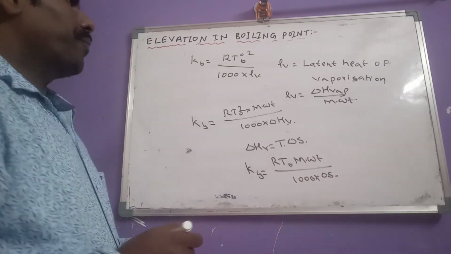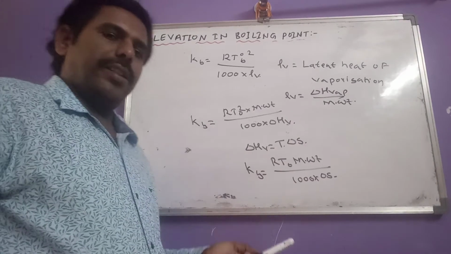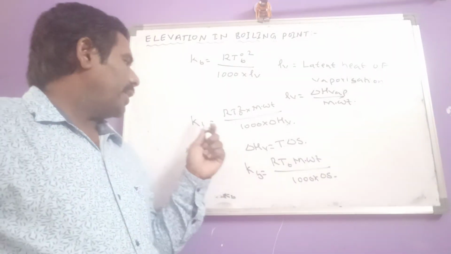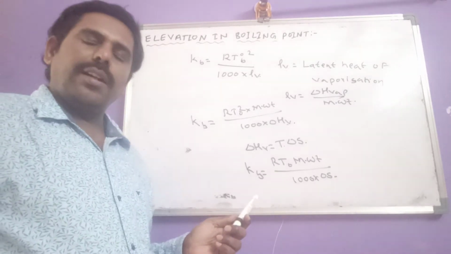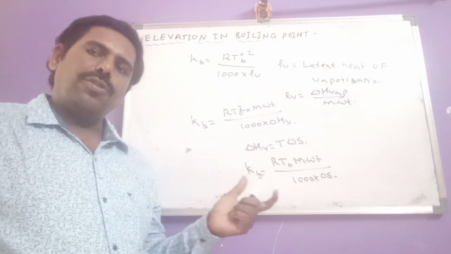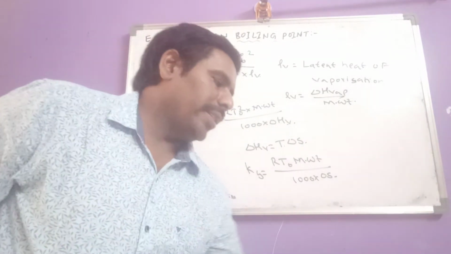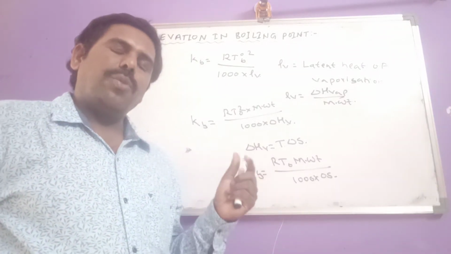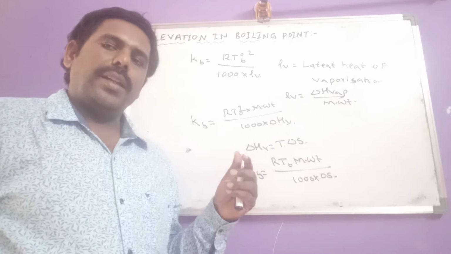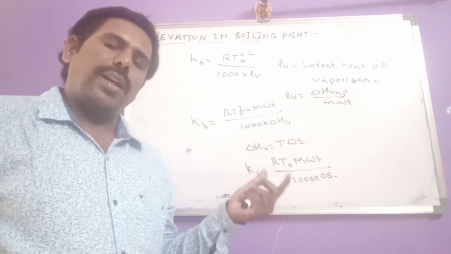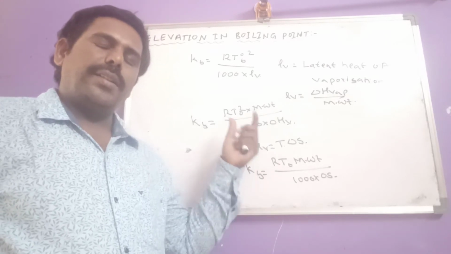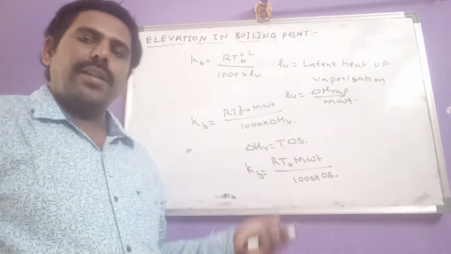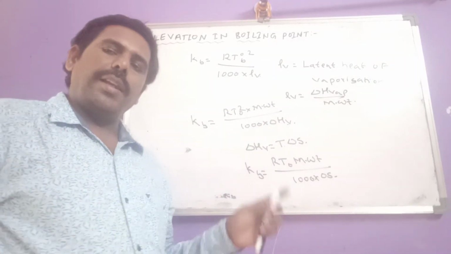So these are the different equations related to the molar elevation constant or ebullioscopic constant. Delta TB, molar elevation. That means Kb is known as the molar elevation constant, and this is the total description regarding elevation in boiling point.